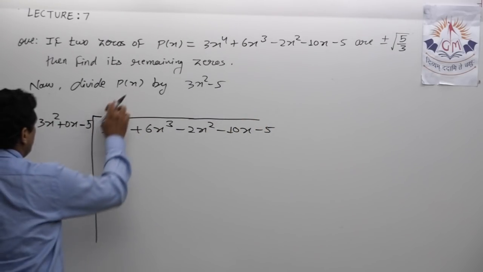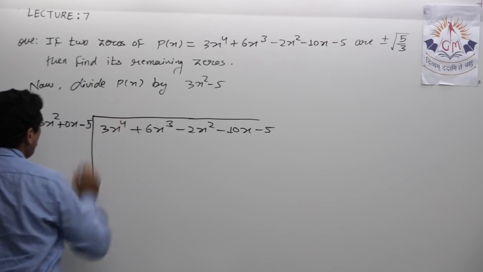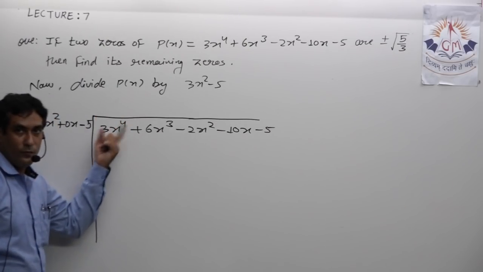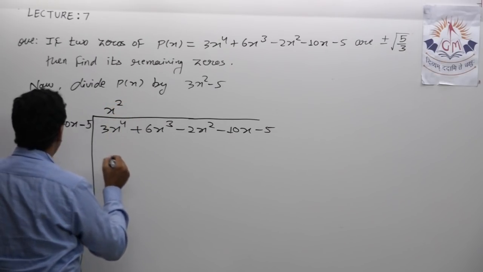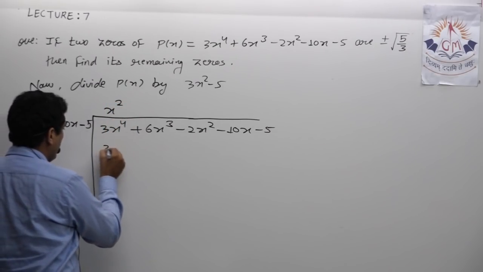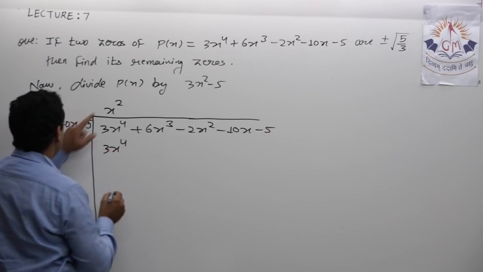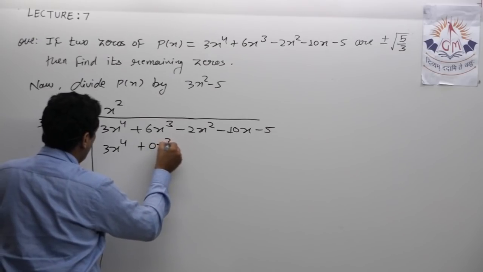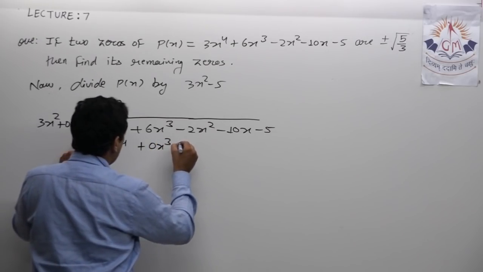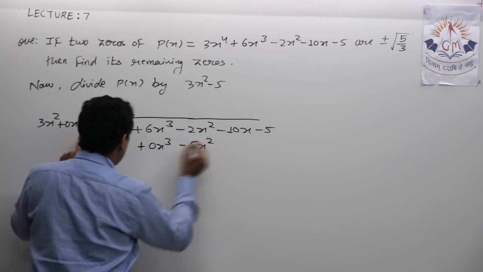Okay, so first term of quotient is x square. So 3x square into x square is 3x raised to 4. X square into 0x is 0x cube. X square into minus 5 is minus 5x square.